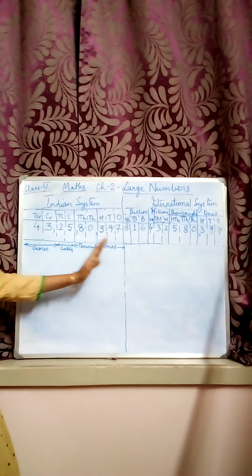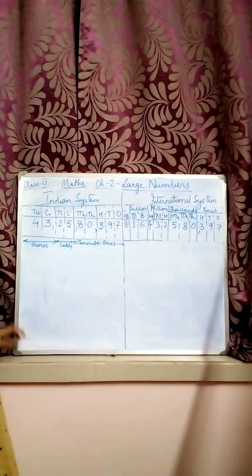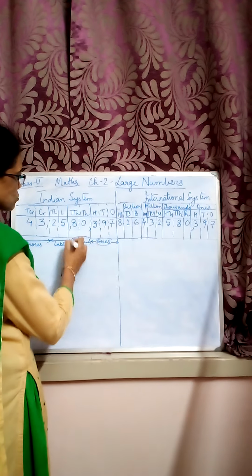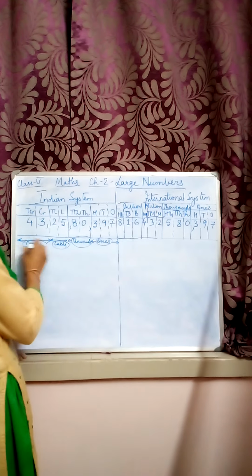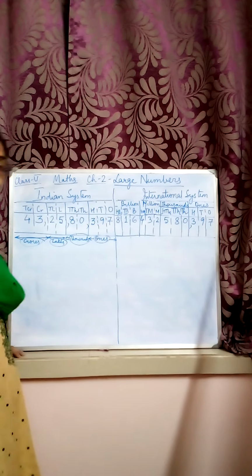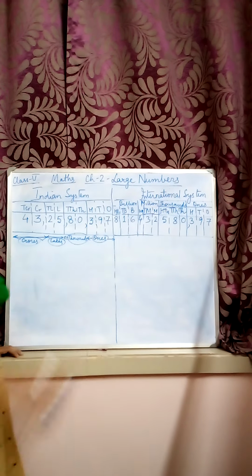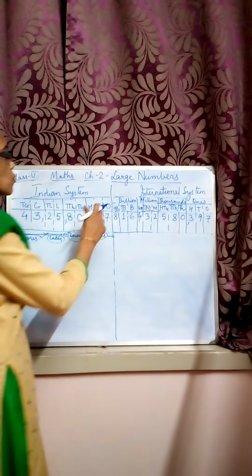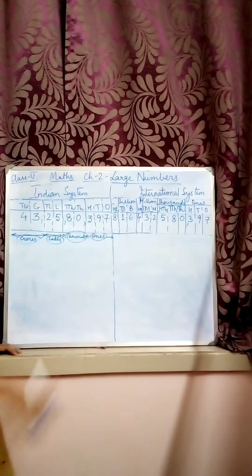the periods, the division of the digits into periods. These we call the periods: ones, thousands, lakhs, crores. These are the 4 periods according to which the numbers are divided into groups. The ones period consists of a group of 3 digits, that has ones, tens and hundreds.